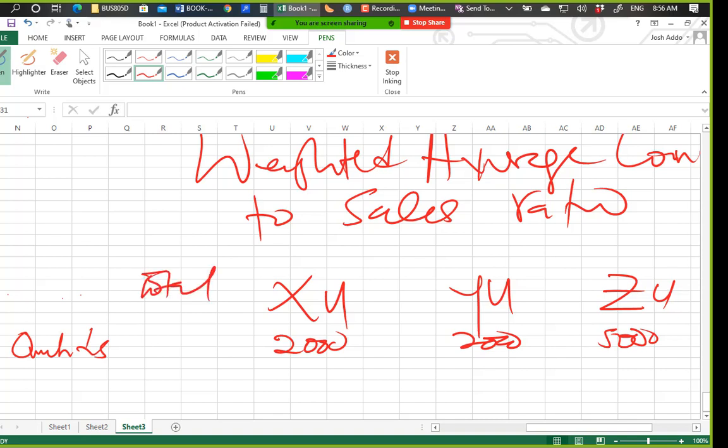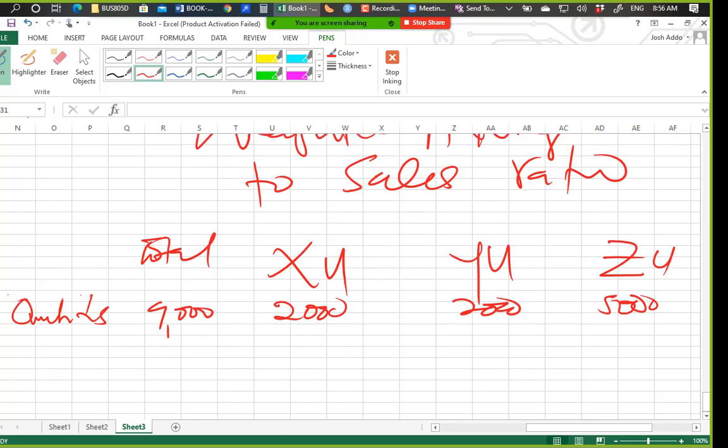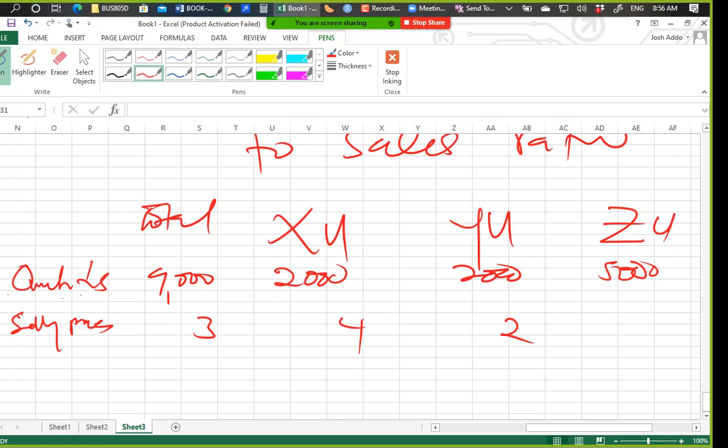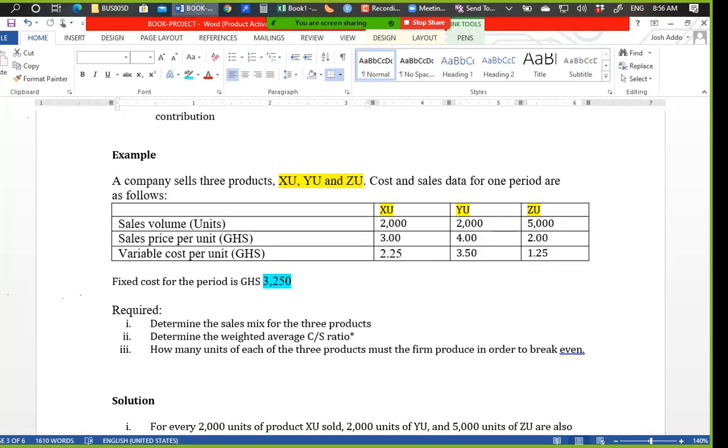It doesn't spoil anything. Total is 9,000. Then selling price per unit. This one was 3, I remember. This is 4, and this is 2. Giving us sales revenue of 9 times 3. Let me confirm. Selling price.